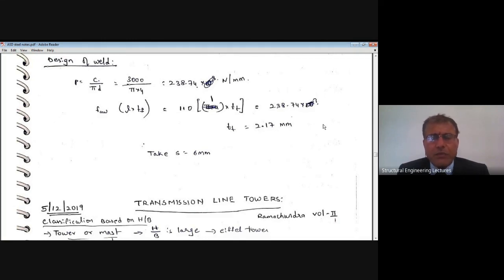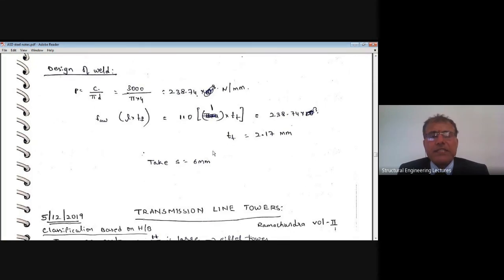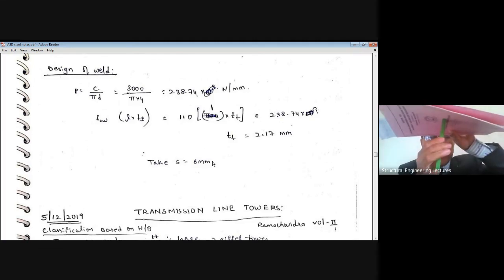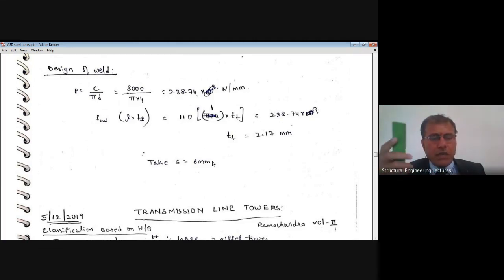Say around 3 point odd value, or we may provide either 4 mm or 5 or 6 mm as appropriate. Hence, let us provide a 6 mm continuous fillet weld for the connection of the web plate with the flange plate, a continuous fillet weld through and through in the compression zone as well as the tension zone.